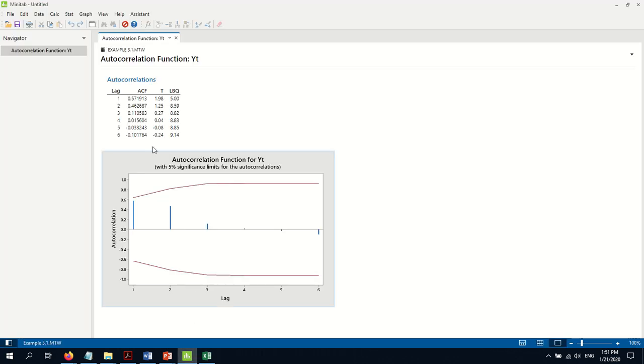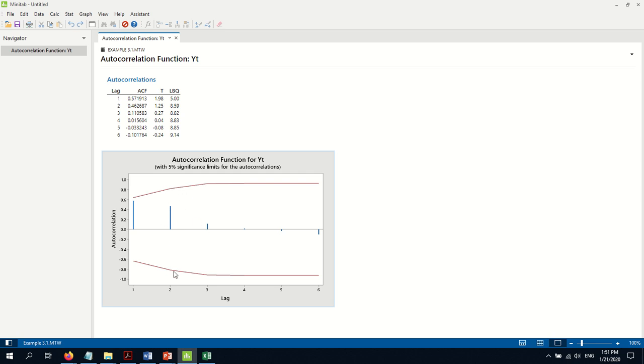We go back, and we can see the t value is less than the t-test critical value at alpha equals 0.05. So we say with significance level 0.05, we have no evidence that the lag 2 autocorrelation coefficient is significantly different from 0. Further, we can see two red lines in the ACF chart.